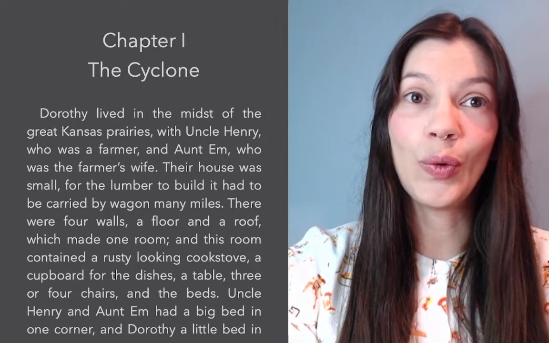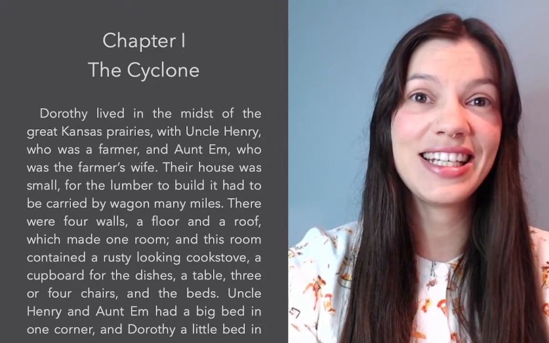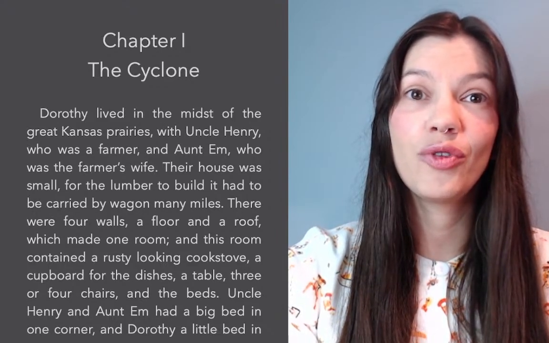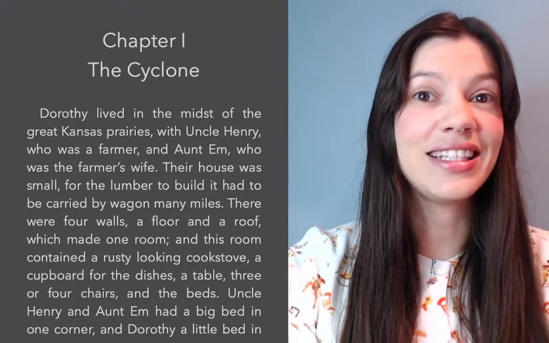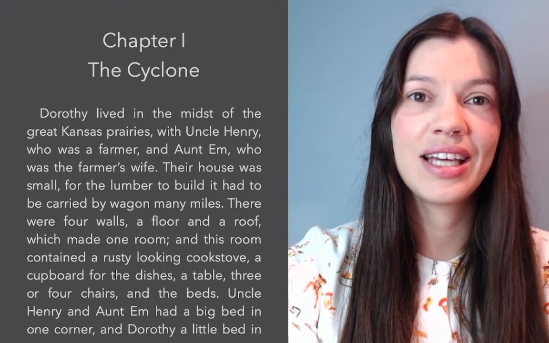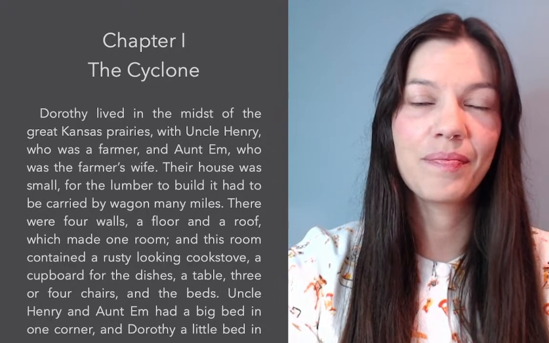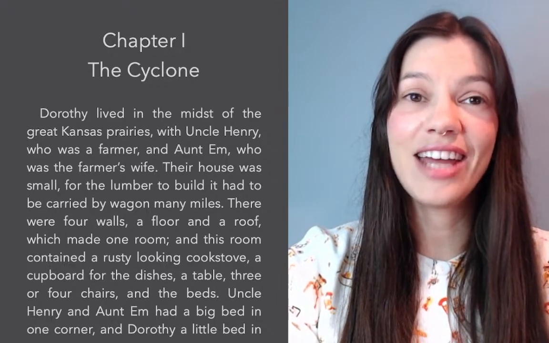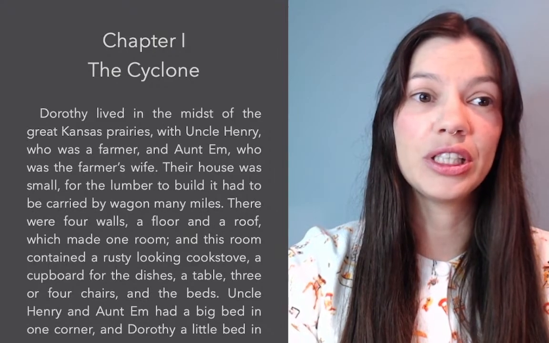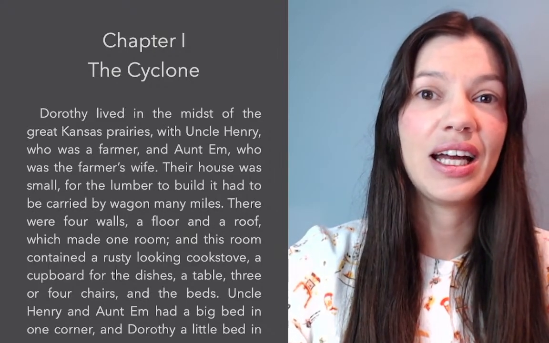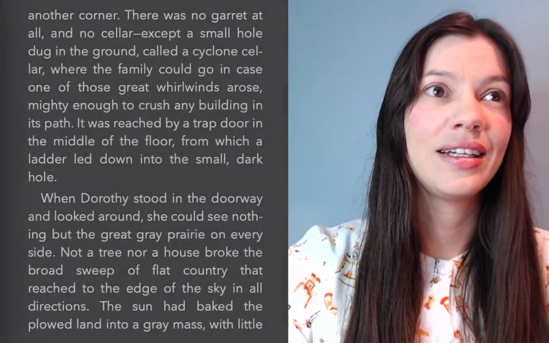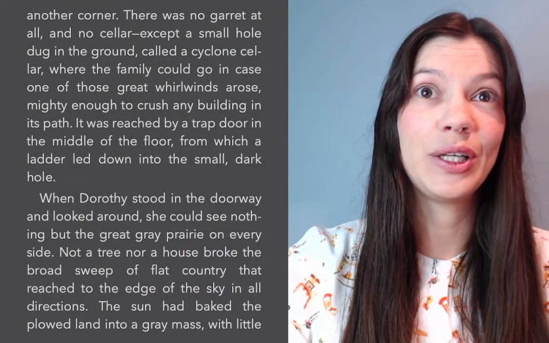And this room contained a rusty-looking cook stove, a cupboard for the dishes, a table, 3 or 4 chairs, and the beds. Uncle Henry and Aunt Em had a big bed in one corner, and Dorothy a little bed in another corner.